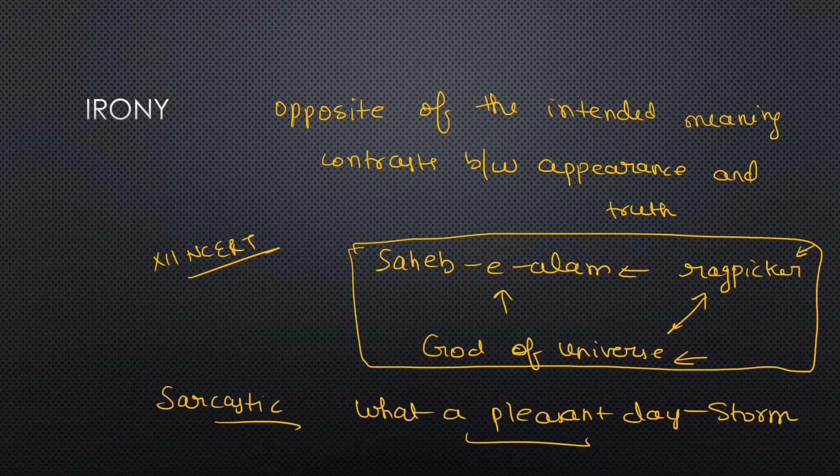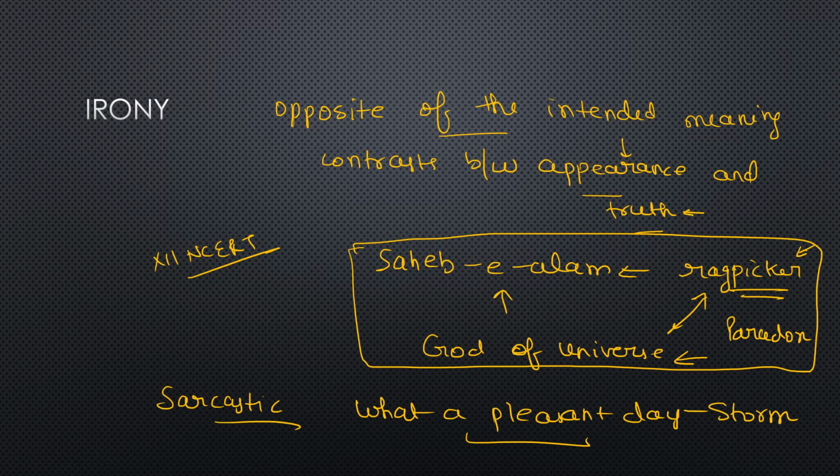I mean, this statement is self-contradictory. Sahib Alam is self-contradictory, not just contradictory, and it is true as well. He is undergoing poverty, he's facing that poverty, and the name is something else. It can also be considered as paradox. Okay, in irony, we have opposite. Again, truth is not there, but it appears to be truth.